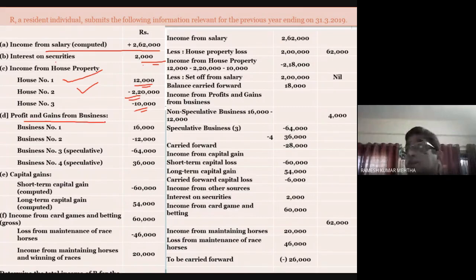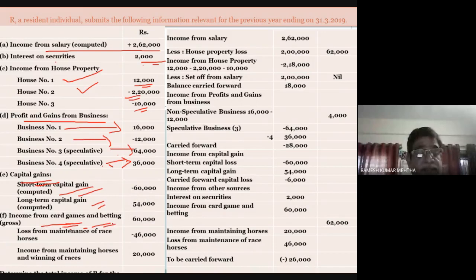Under the heading profits and gains from business or profession, it is found that business 1, business 2, business 3, business 4, the following incomes were generated and losses were incurred. He has even got some capital gains, short-term capital loss and long-term capital gain, and he has income from other sources in the form of income from card games and bettings, and loss from maintaining of horses and income from maintaining of horses. So with this data, you have to find out the income of the assessee and the amount of tax he has to pay.